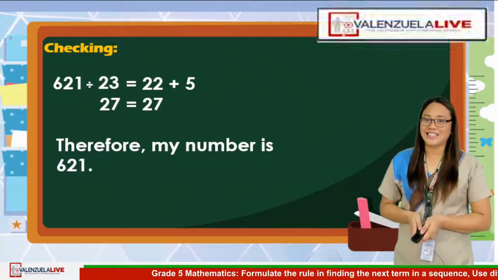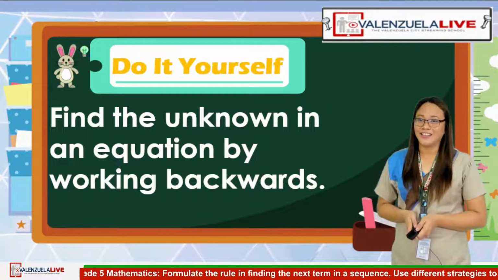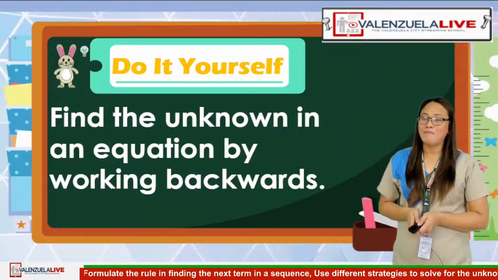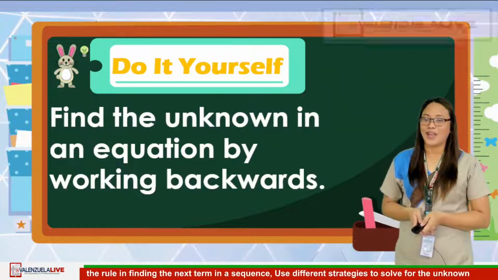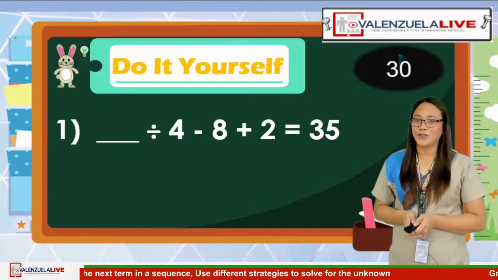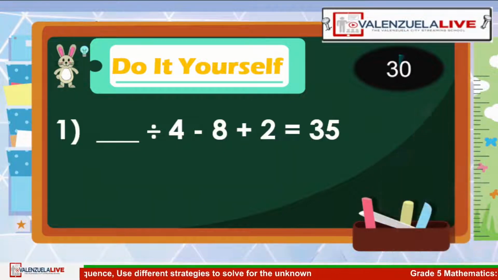Well, let's see if you really understand the lesson. Answer the activity. Do it yourself. Find the unknown in an equation by working backwards. Okay, we have here number one. I will give you 30 seconds to find the unknown. 30 seconds.